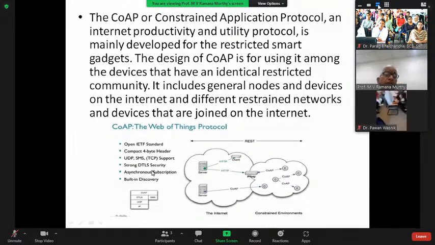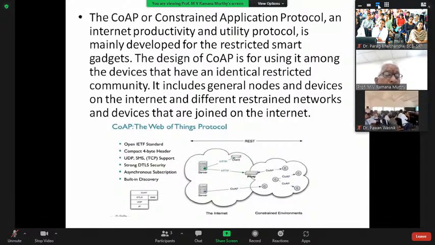It is basically an open IETF standard. It has a compact 4-byte header, and it runs on UDP, User Datagram Protocol. It supports strong DTLS security, and it is also related with asynchronous subscription.